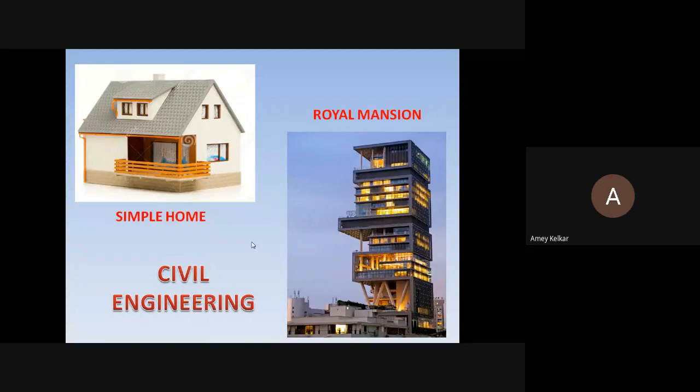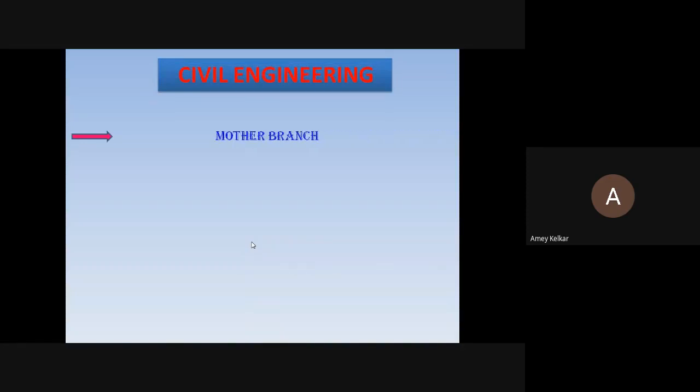But engineering as a core is the backbone of society, and civil engineering in that is the basic thing because it provides you a shelter. This was a brief introduction to what engineering is. Going further, civil engineering is a mother branch because it covers the basic necessity.